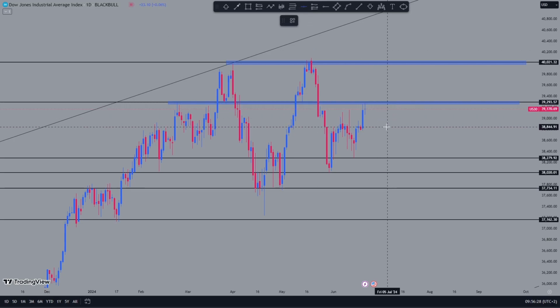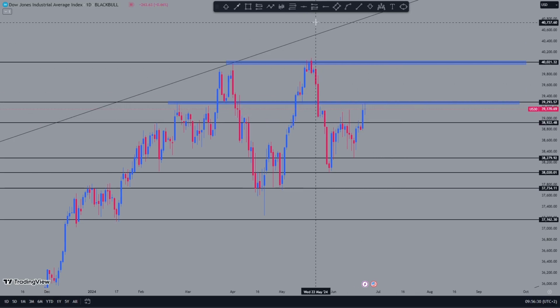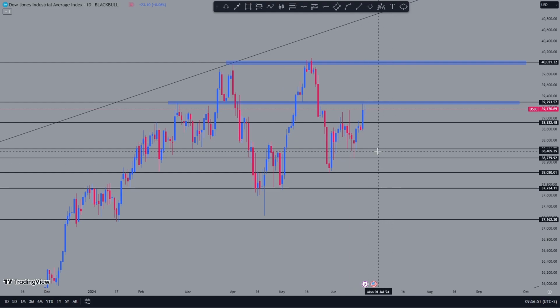Let me look where I have other zones. I have a zone there, and where else I have a zone. I also have a zone here too. What am I doing? I also have a zone somewhere there.